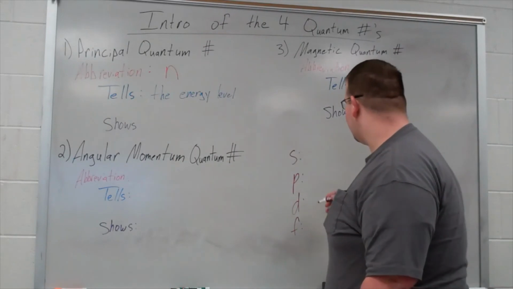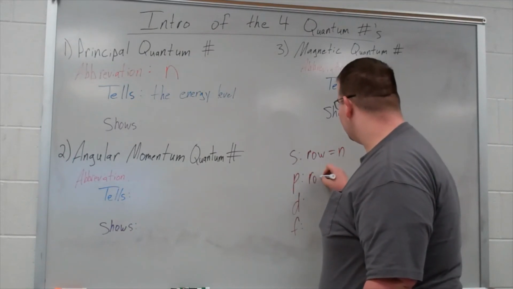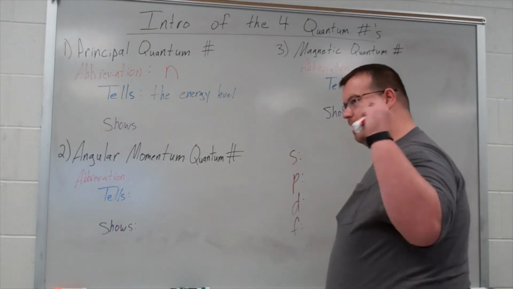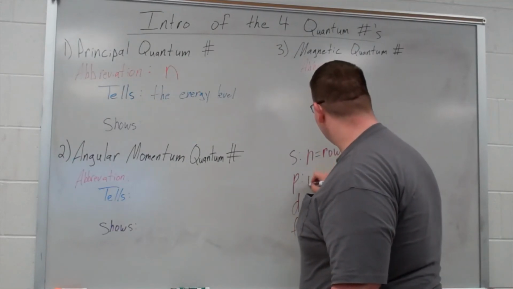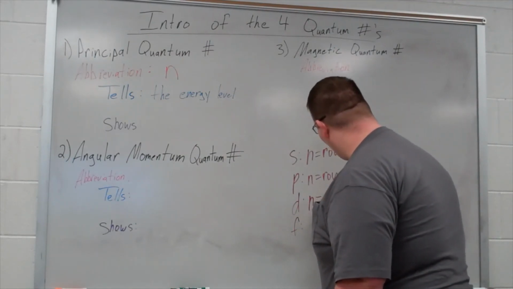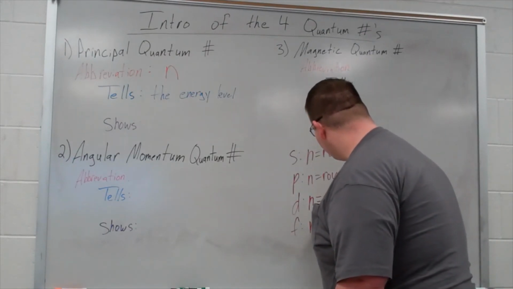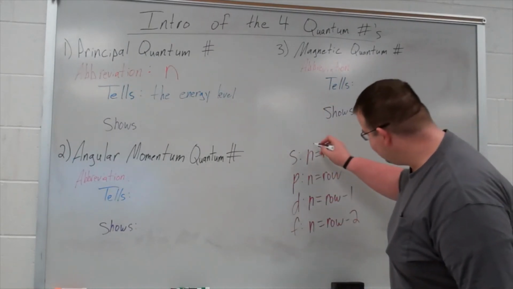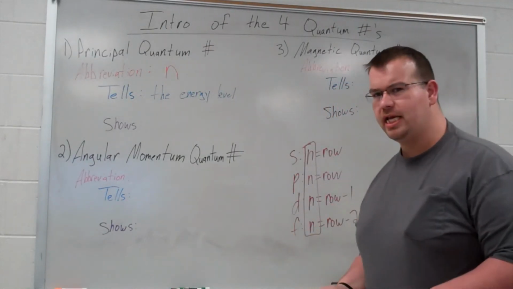I told you that n equals the row for s. n equals the row for p. But for d, n was equal to the row minus 1. For f, n was equal to the row minus 2. This n is what we're talking about here. That is the principal quantum number we were looking at.